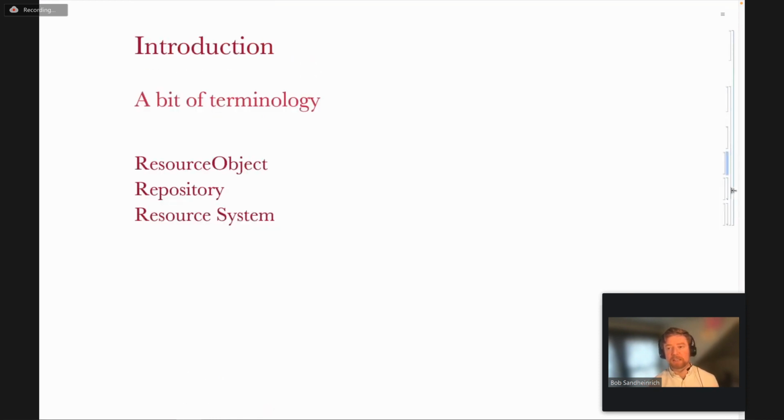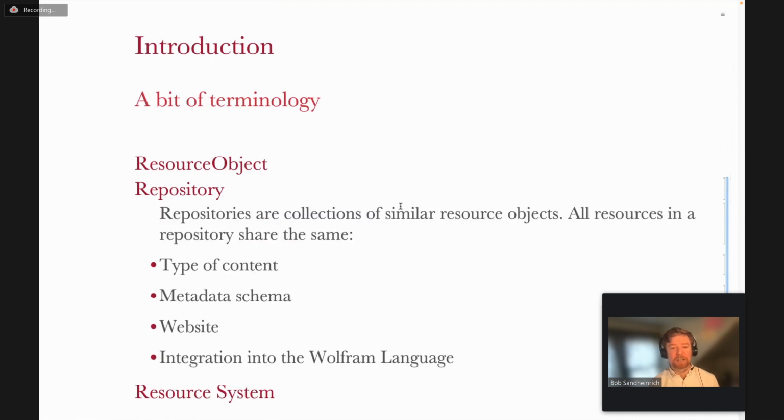All right, so what is a repository within the context of the resource system? A repository is a collection of resource objects that all have the same type of content. The Data Repository is a repository where all of the resources are data. That's a very general term when you're talking about the Wolfram Language, because any expression can be considered data, but we keep it pretty consistent.